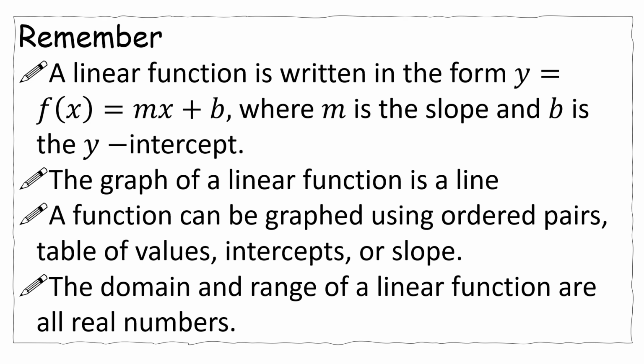The domain and range of a linear function are all real numbers. So take note that the domain and range of a linear function is always the set of real numbers. So when we say a set of real numbers, all the numbers that we can find on our x and y axis can be substituted into our function.